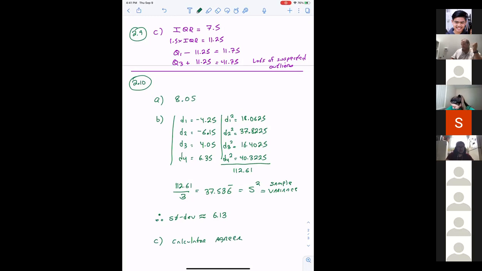After that, edit, and then put in data points in L1. Fantastic. And then hit enter. Keep going. You're doing great.